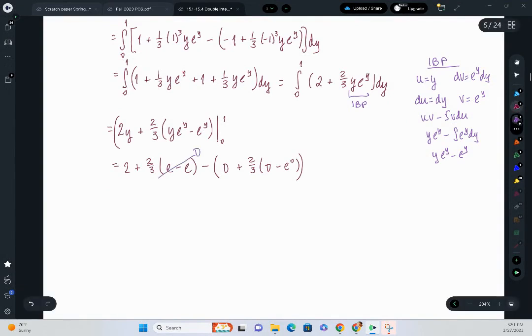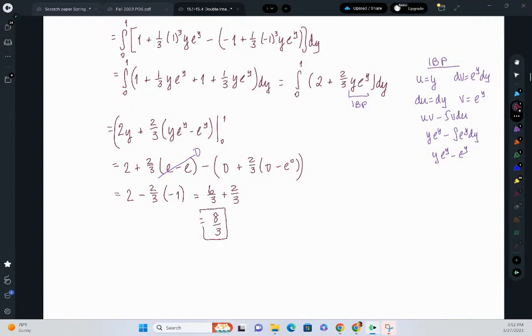That gives us 0 right there. So I have 2, and then I have, it looks like minus 2/3 times a minus 1, because e to the 0 is 1. So it's 2 plus 2/3. I'm going to rewrite my 2 as 6/3. So I have 6/3 plus 2/3, which gives me a grand total of 8/3.